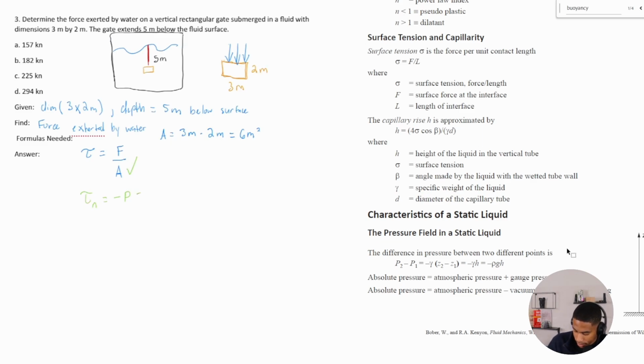Okay, so negative P equals negative density times g times h.